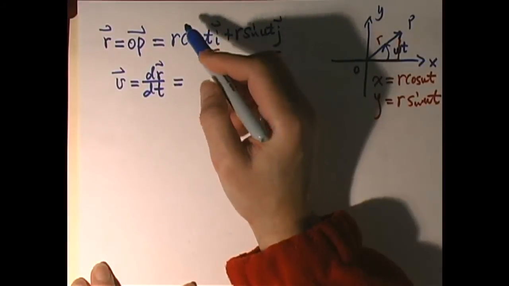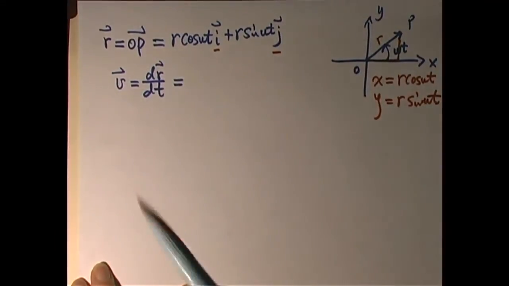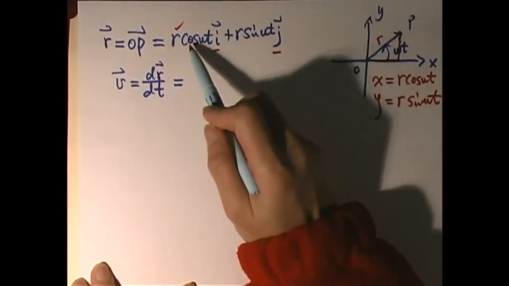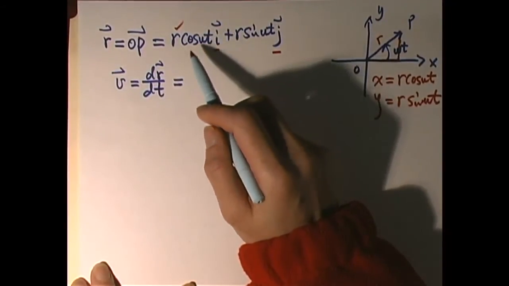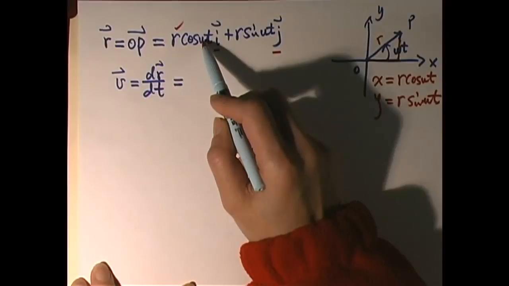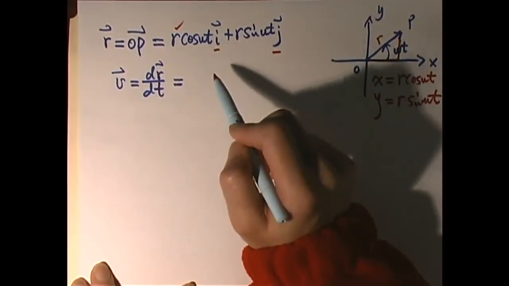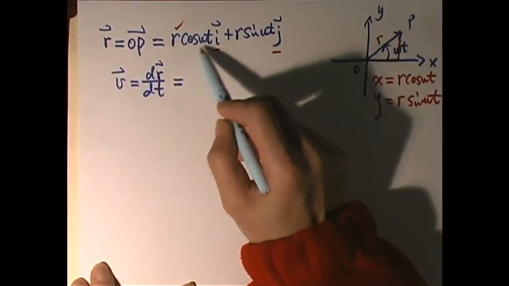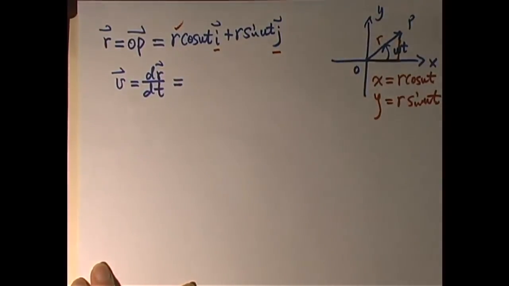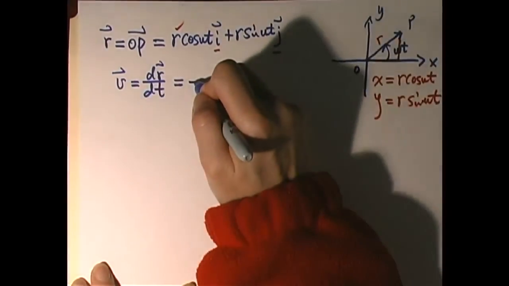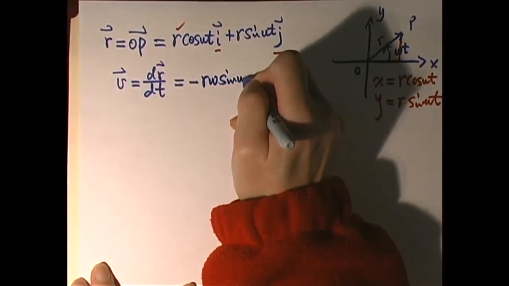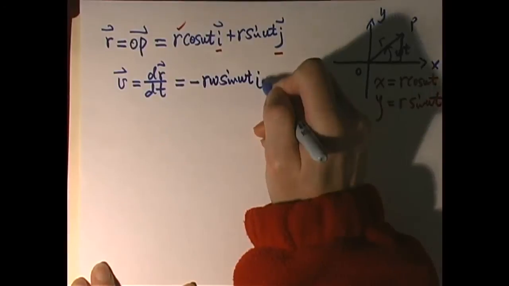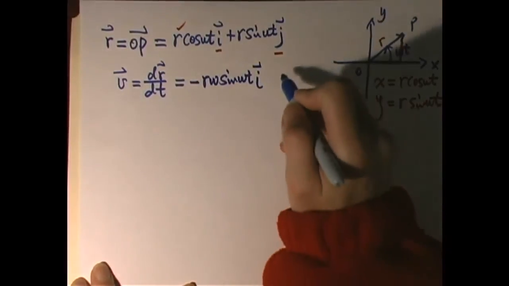When we differentiate this, because r is a constant, we need to differentiate cosine. Cosine of a variable will change to negative sine. And then we differentiate omega t. Omega is constant, so omega comes out. So if we differentiate the first term, we get negative r omega sine omega t, and i still stays because this is a constant.